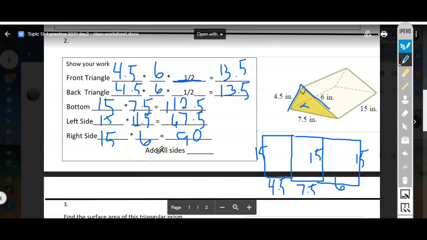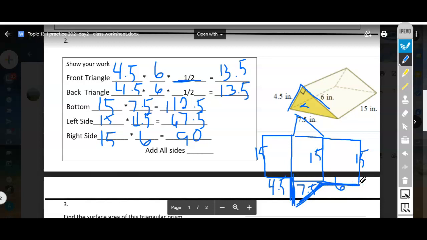So now if I ask you to draw a net, we would just toss the triangle in somewhere on here. And you can see how the 4.5 matches up with the rectangle and the triangle. The 6 would match up right here on the rectangle and the triangle.